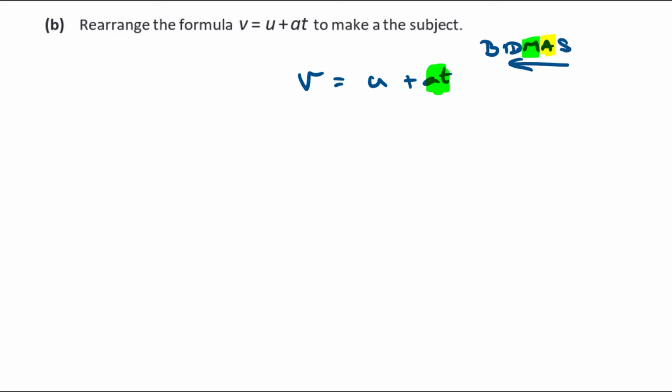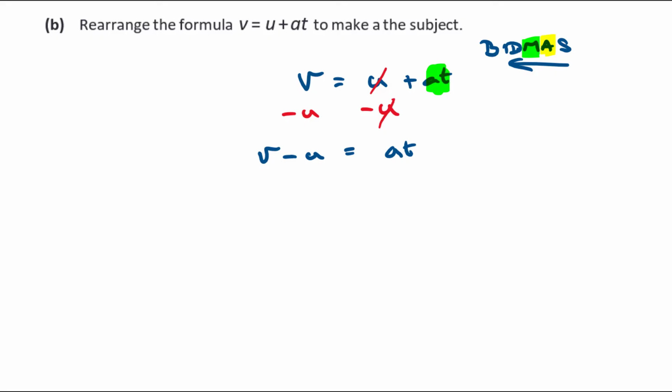So rather than adding on u to at, I'm going to subtract it. I'm going to start off by doing the opposite of adding u, which is subtracting u from both sides. That's going to give me v minus u on the left. On the right hand side, those two things cancel, and it's going to leave me with at. Okay, so now I've dealt with the addition. The next thing to do is to deal with the multiplication.